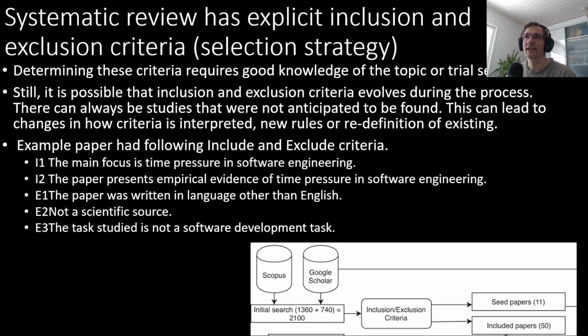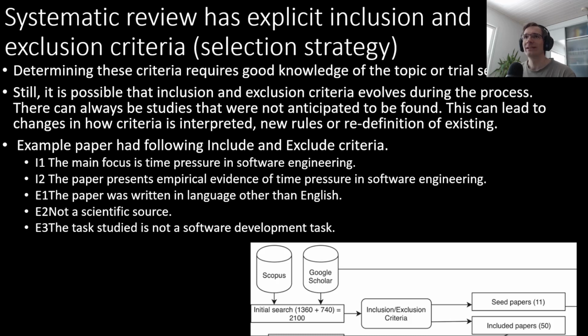Systematic review has explicit inclusion and exclusion criteria, unlike the normal literature reviews. Determining these criteria requires good knowledge of the topic and also trial searches and reading of the existing papers. Still, even though we had a good knowledge of the topic, it is possible that the inclusion and exclusion criteria evolve during the systematic literature review process.